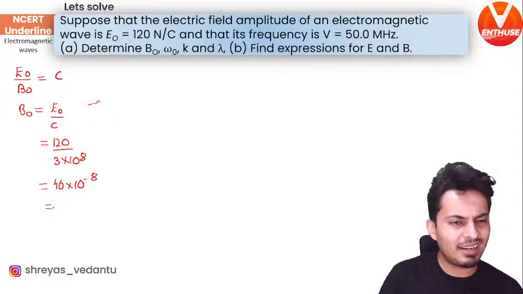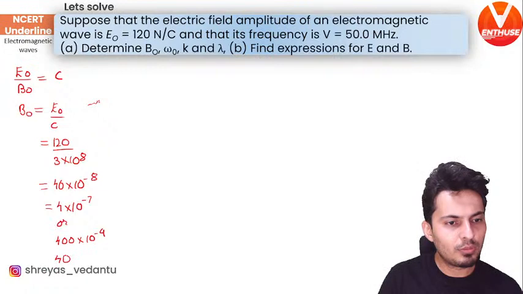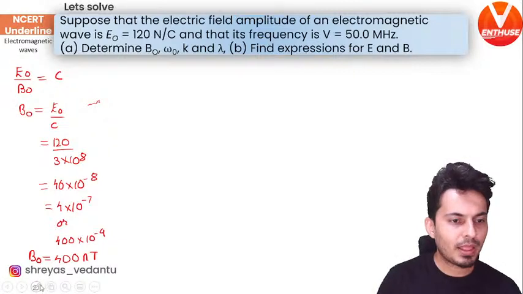You can write it as 4 into 10 to the power minus 7, or you can also write it as 400 into 10 to the power minus 9. Reason is 10 to the power minus 9 is nano. So it will become 400 nano Tesla. That's the value of B naught. So that's one answer, guys. We got one answer over here.